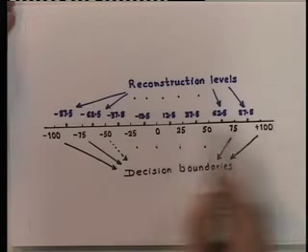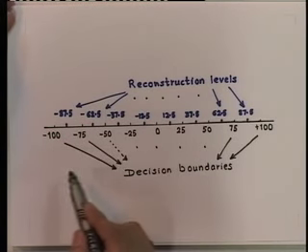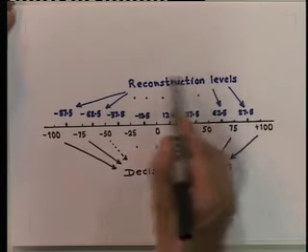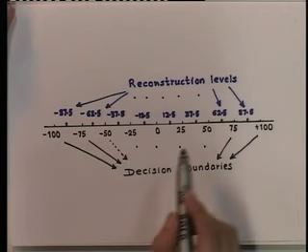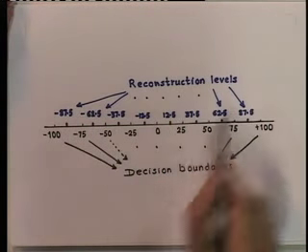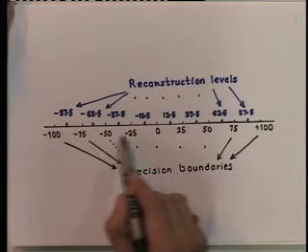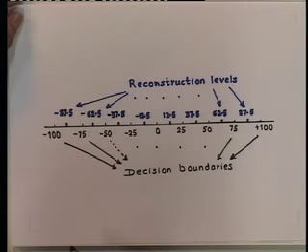So, on the real axis, we can denote the decision boundaries and the reconstruction levels as shown here. The blue ones are the reconstruction levels and the black ones are the decision boundaries.